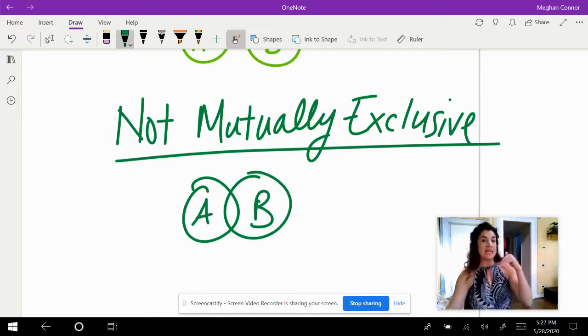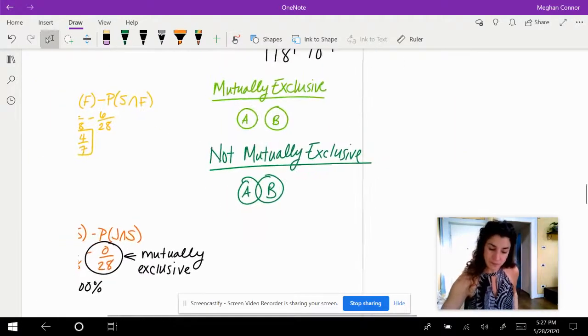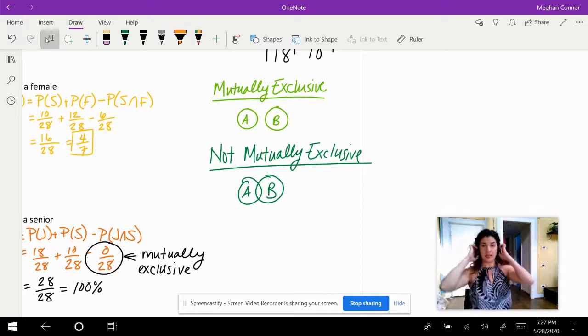You can be both a king and a heart. You can be both a junior and a male. So that's the visual that I like to have in mind for mutually exclusive versus not mutually exclusive: it's a Venn diagram.